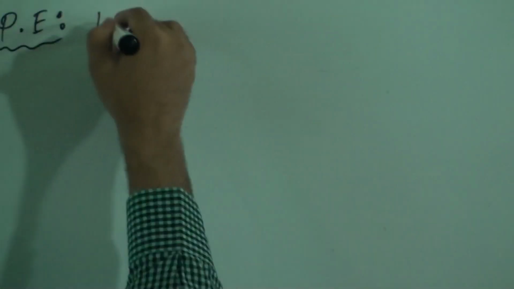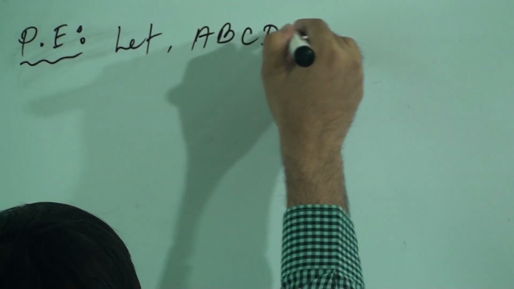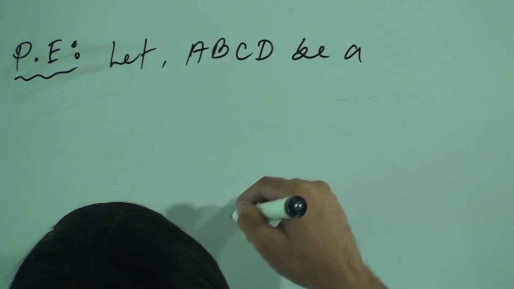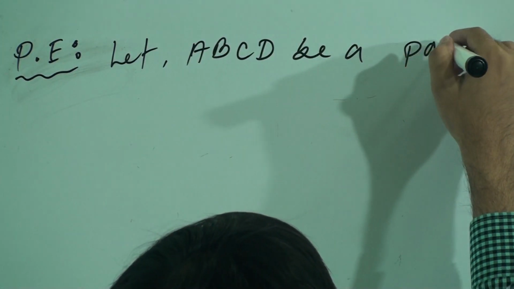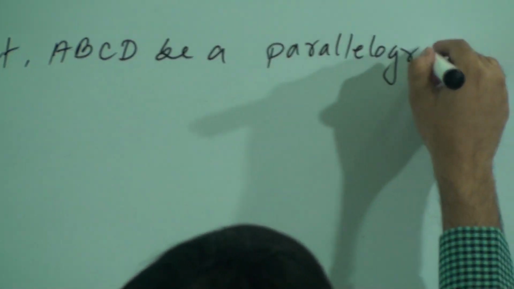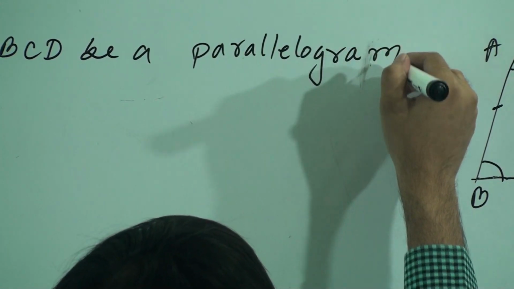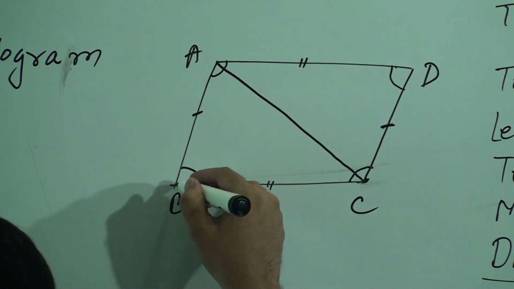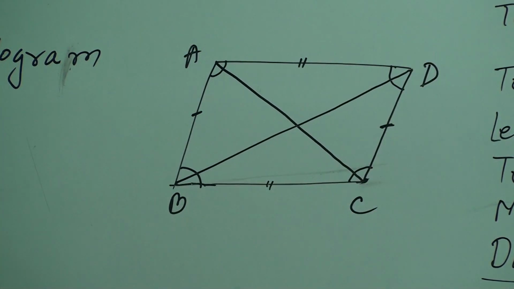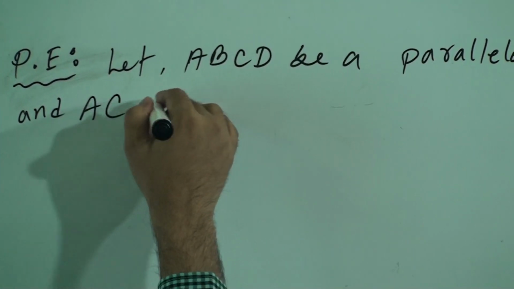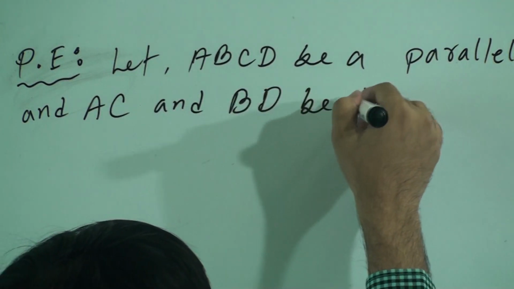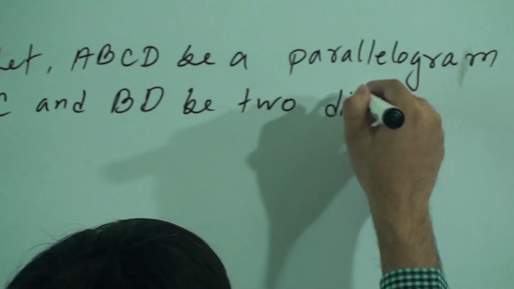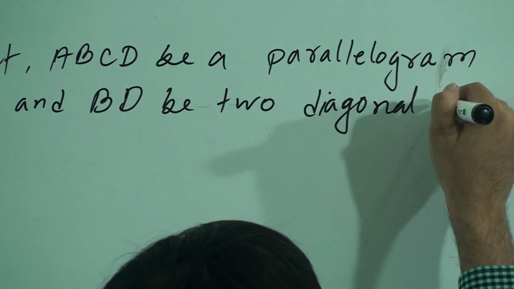Here the particular enunciation will be: let ABCD be a parallelogram, and AC and BD be two diagonals.